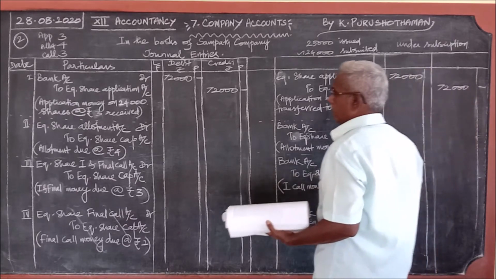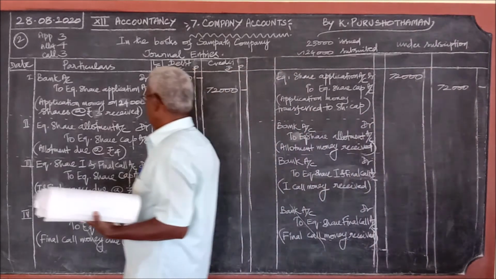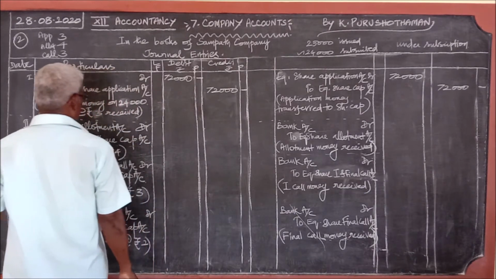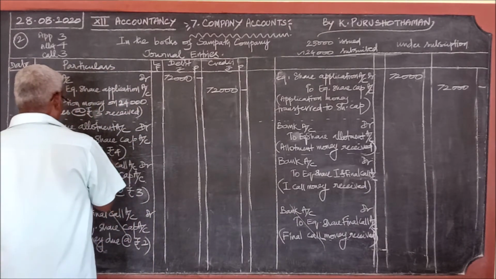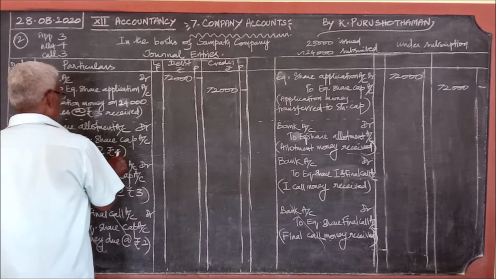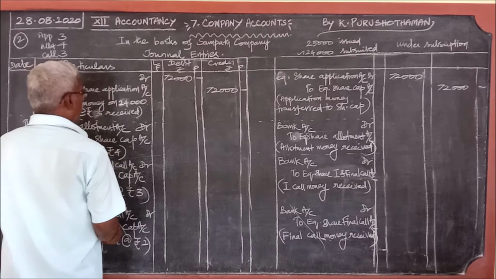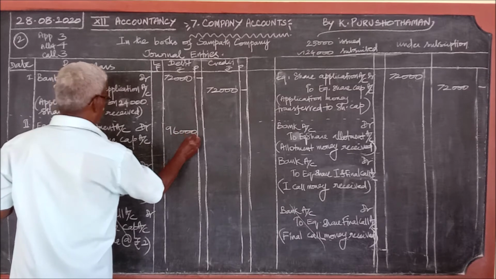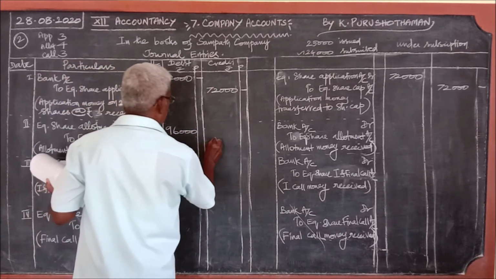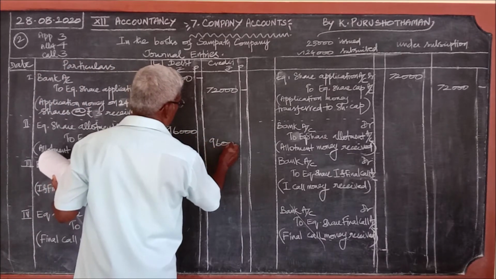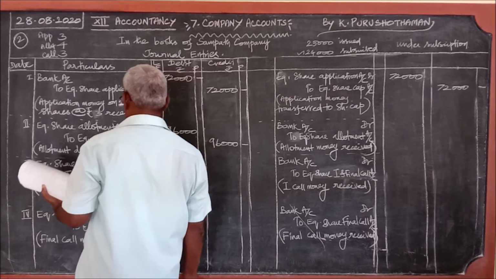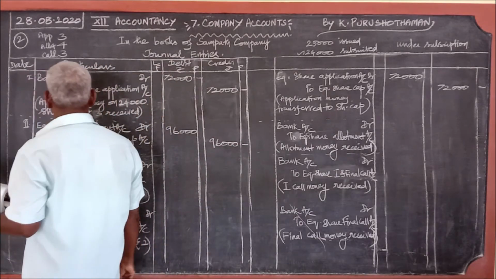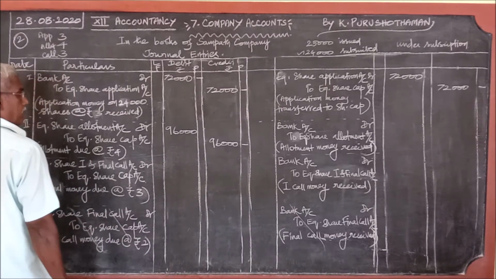Then equity share allotment account to equity share capital. What amount? This is 4 rupees, 4 into 24,000, 96,000. 96,000 allotment due at the rate of rupees 4.